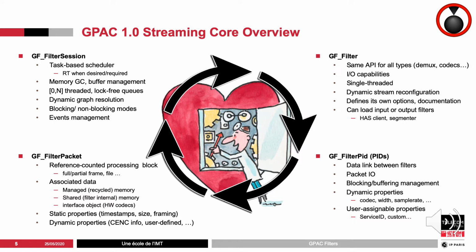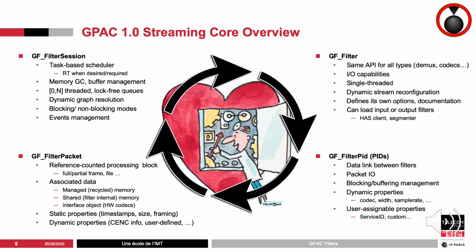Each filter exposes their I/O capabilities, so that the graph resolution can be properly done. They're all single-threaded, which means that you don't need to worry about multi-threading when you design the filter. And they by default have to support dynamic stream reconfiguration. All options and documentation are embedded within the filter code, so that it's much easier to produce the documentation.